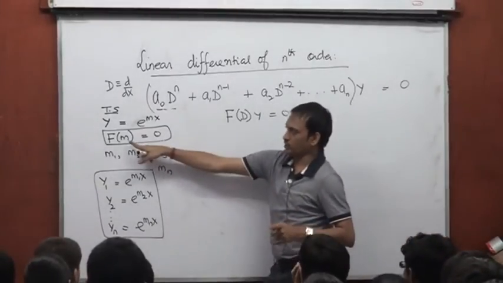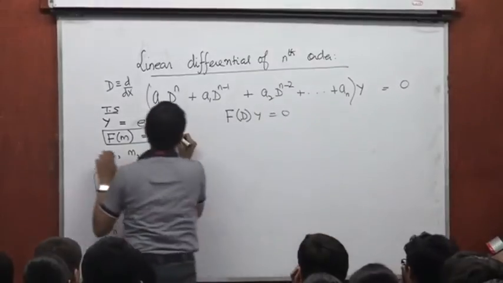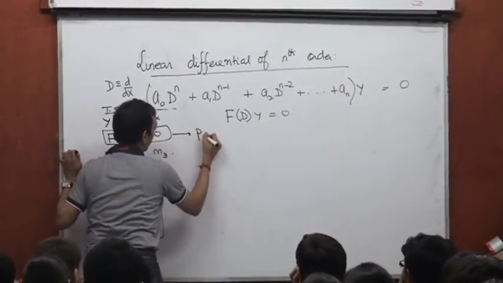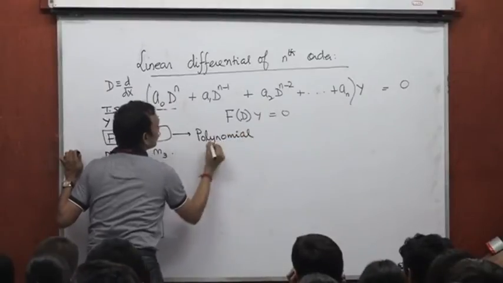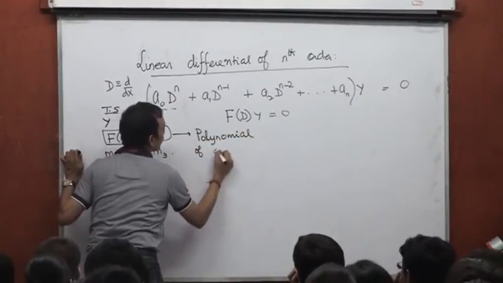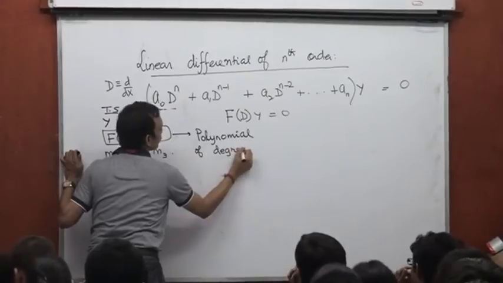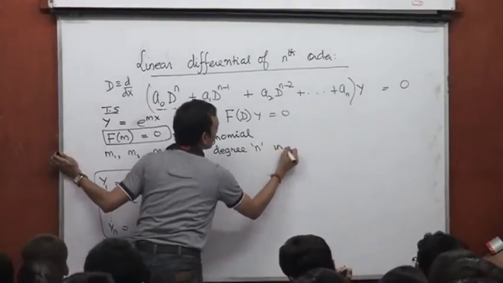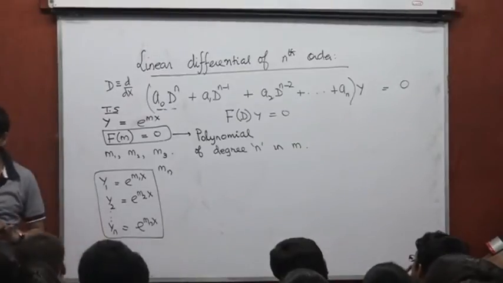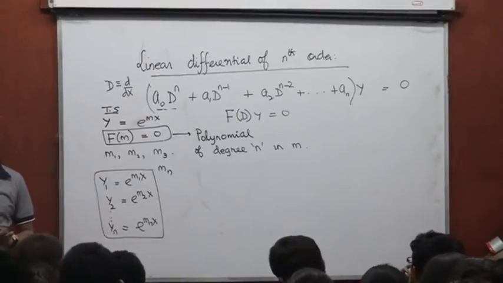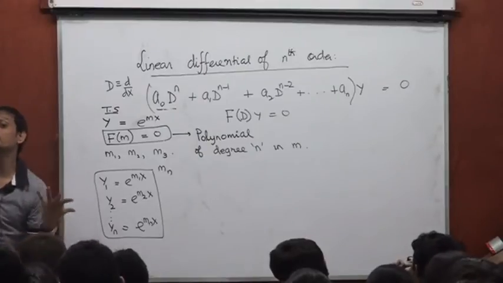Now this polynomial of degree n in m can have very many combinations of roots.